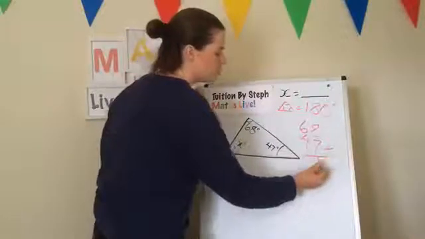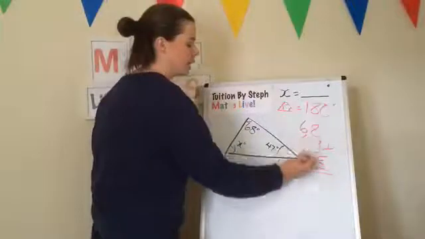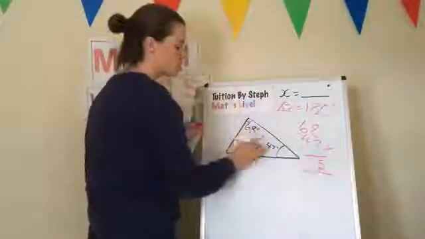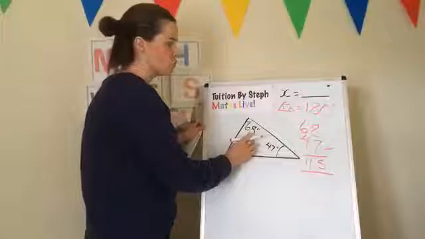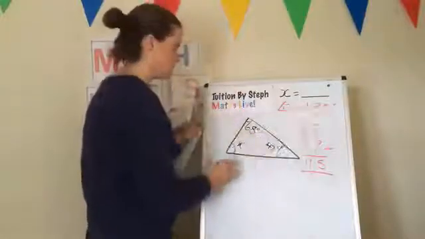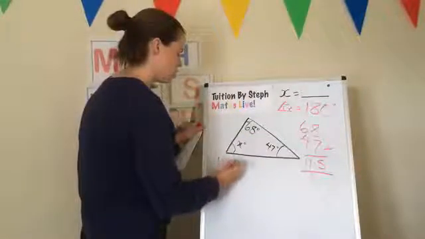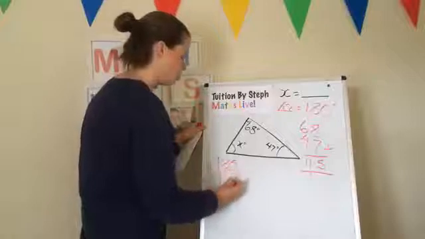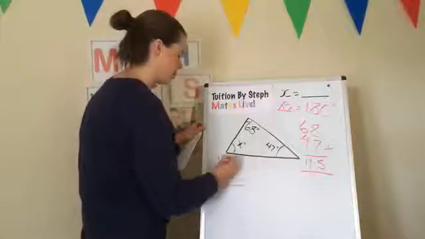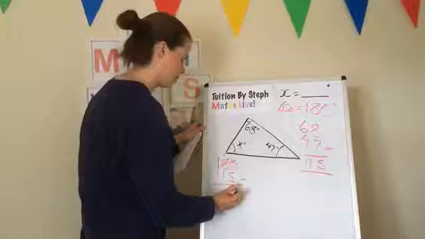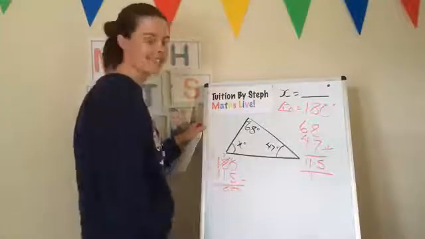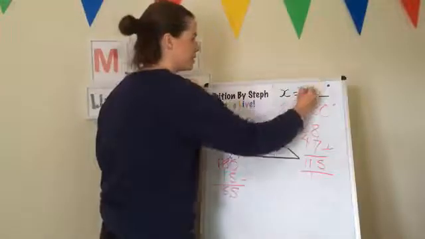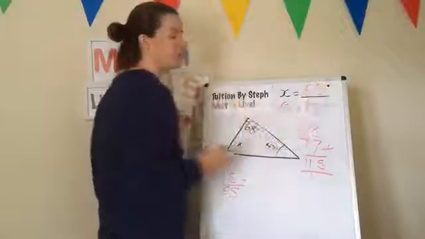So 15 and 11. So these two angles here are 115, but we need to get to 180. So let's do 180 subtract 115. 65. So X is 65 degrees.